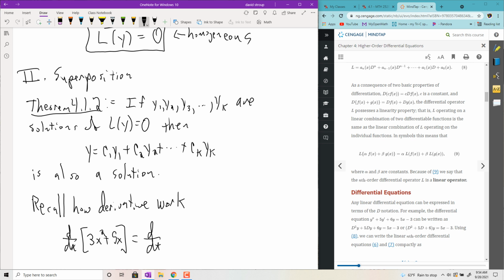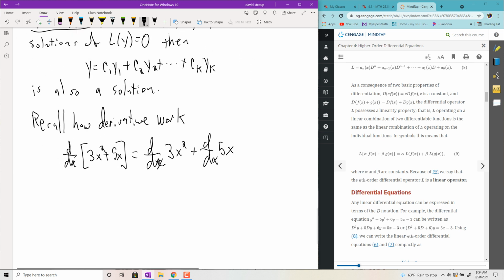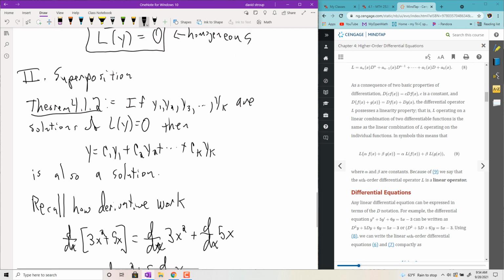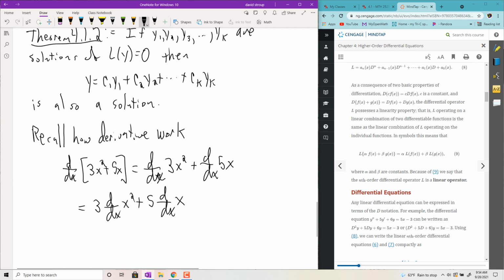So the derivative of the sum is the sum of the derivatives. Okay, so that's the first part of linearity. The second part of linearity is the constant multiple rule, where you can always factor constants out of derivatives, like 5 d/dx of x. So it's because of that linearity property that theorem 4.1.2 is going to end up being true.